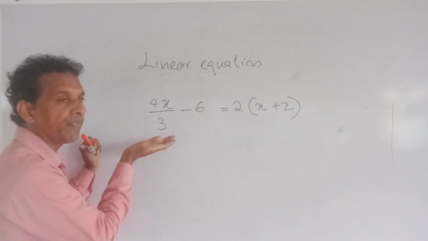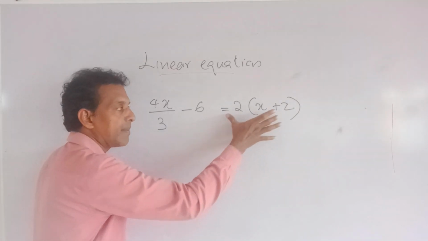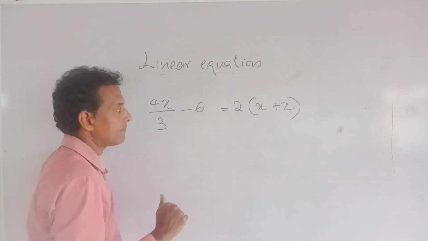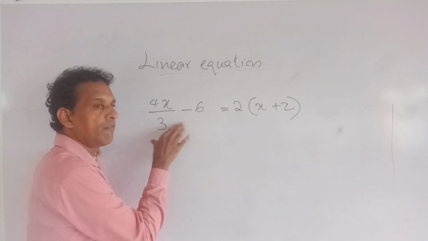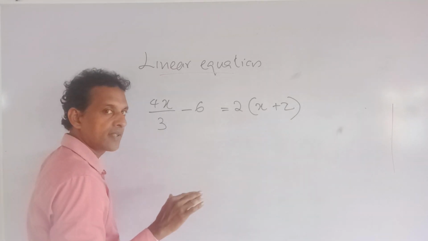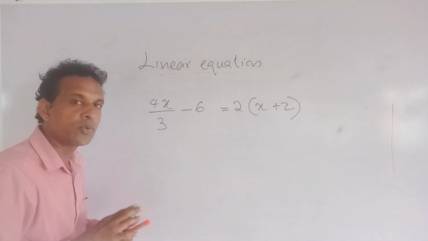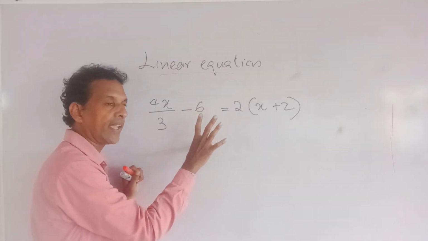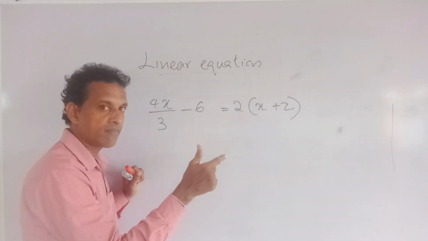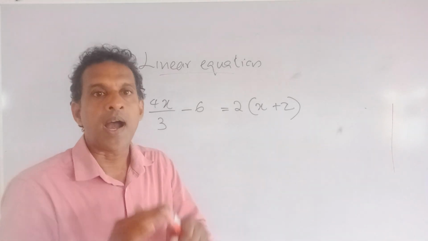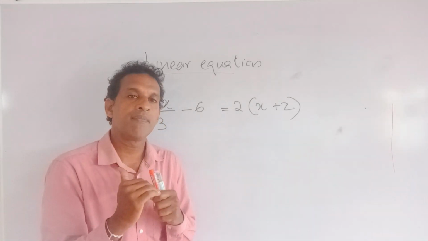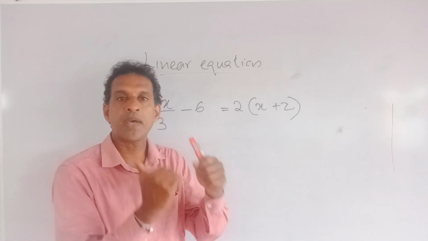So you see both denominators and brackets. Again, stick to the process. First, we remove the denominator. Now, children, there are ways that we can solve this in a different way. But remember, I am just teaching you one single method where you don't have to think question by question.